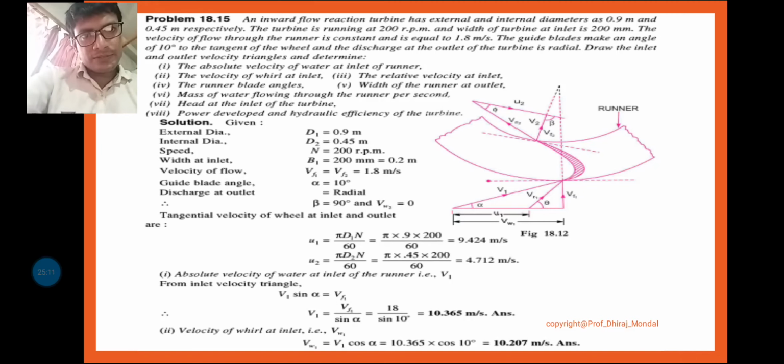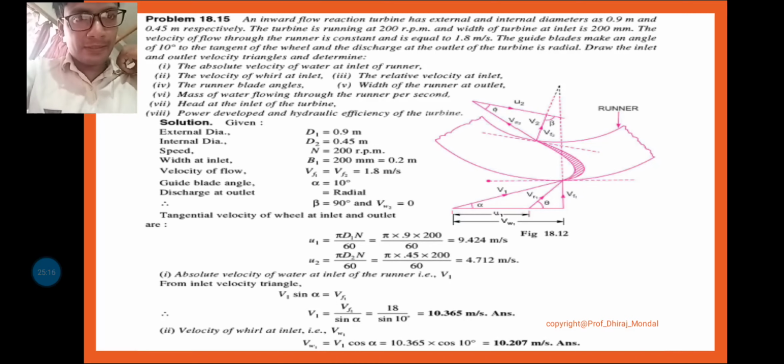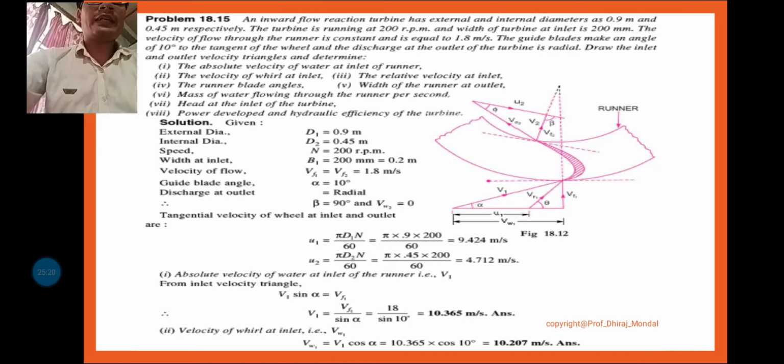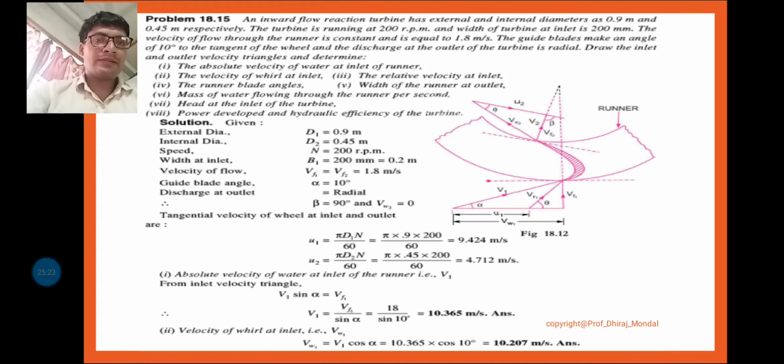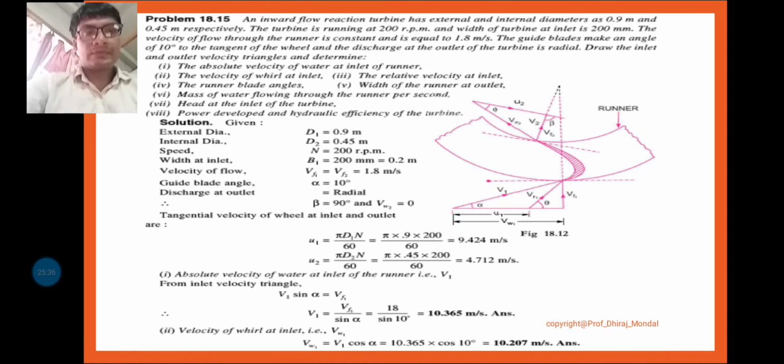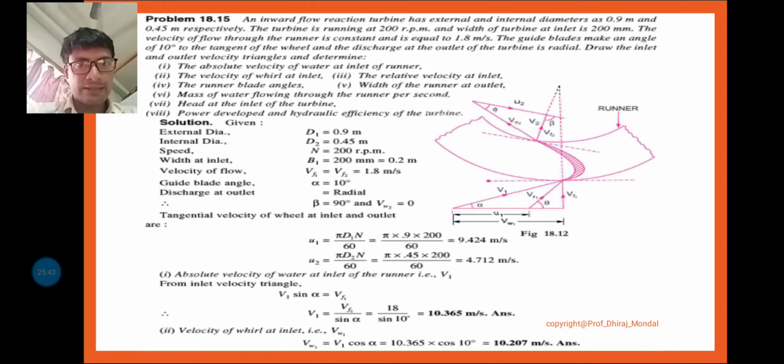So first question is: absolute velocity of water at inlet of the runner. That means you need to find out V1. From the velocity triangle, it can be easily written as V1 sine alpha is equal to Vf1.